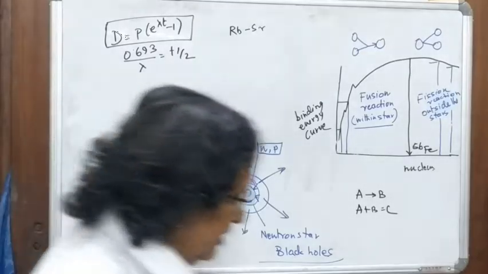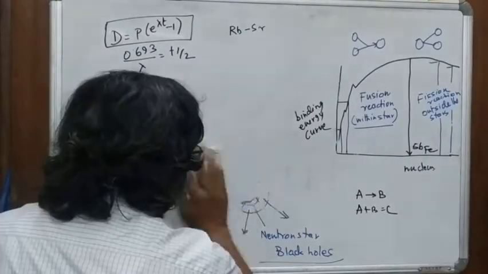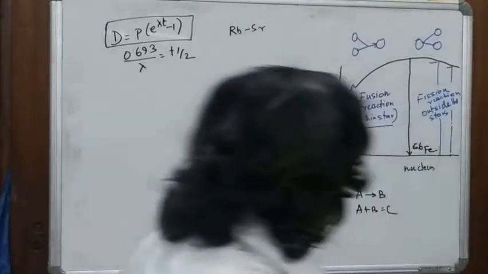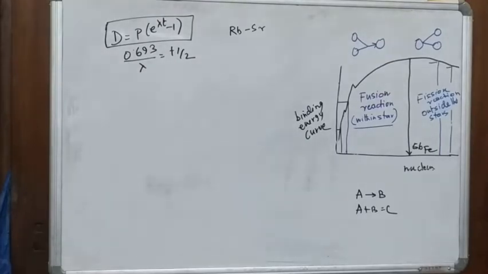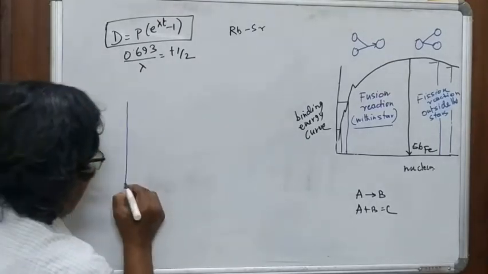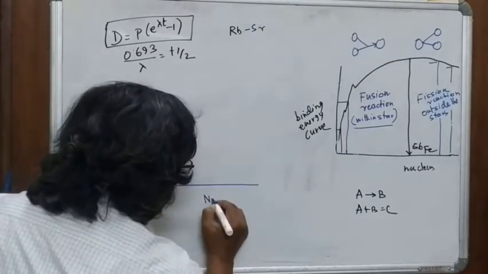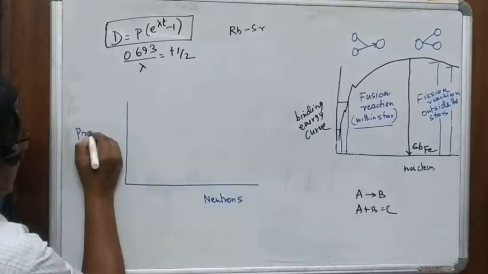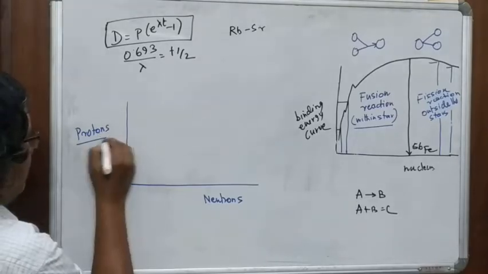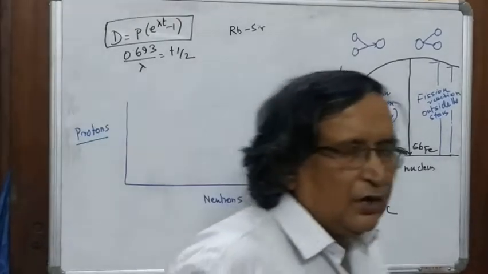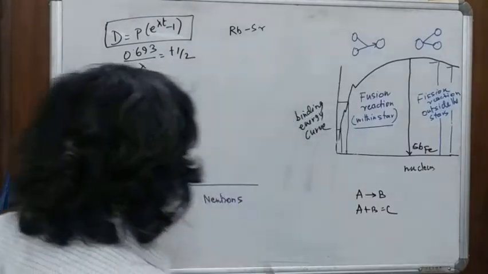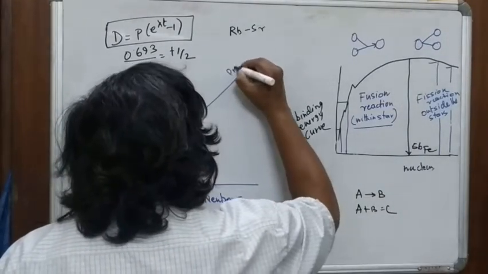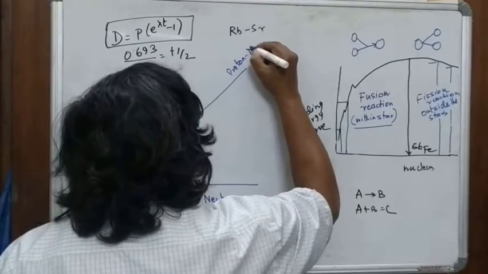They are bombarded. So what happens is, if you plot all the elements, say for example, if you take this as neutrons and you take this as protons, if you have a graph and you plot all naturally occurring elements, then this is the line where the number of protons is equal to the number of neutrons.